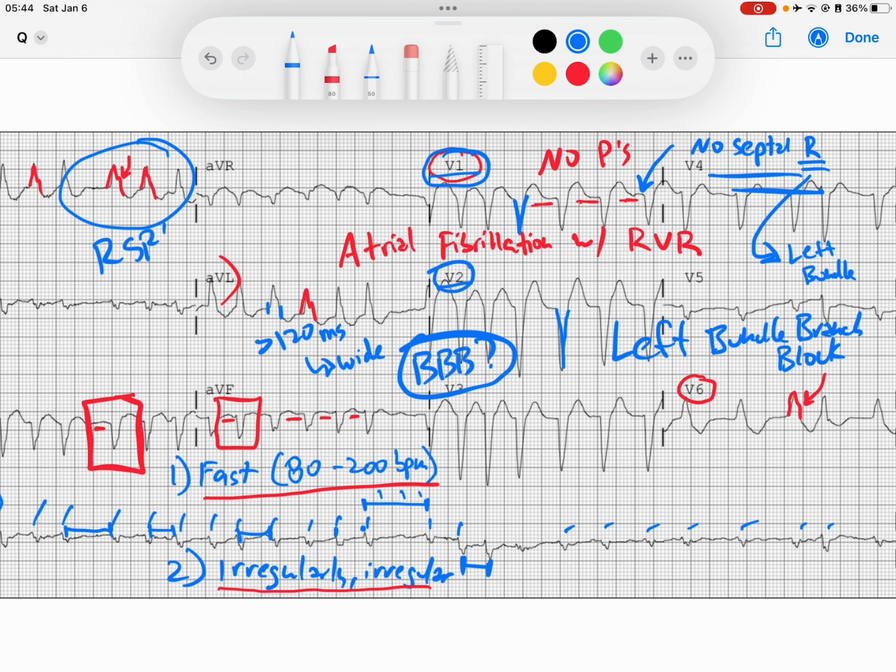And that would explain why our QRS is wide. So what is my final diagnosis on this EKG? We first said that this is atrial fibrillation with a rapid ventricular response and a left bundle branch block. So I hope this helps, and have a good day.